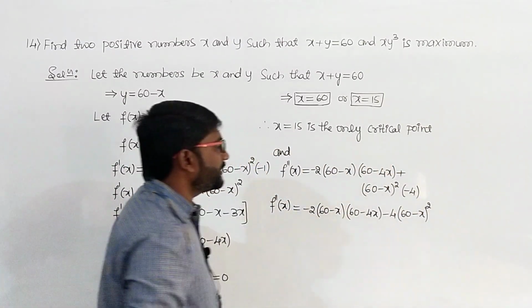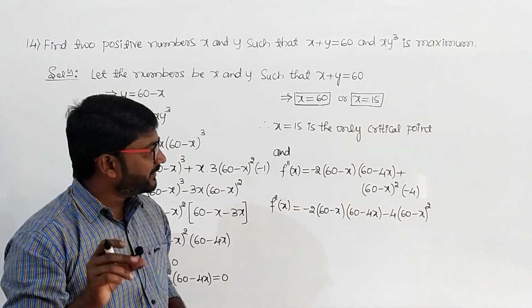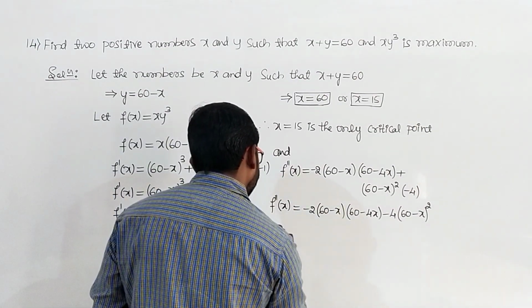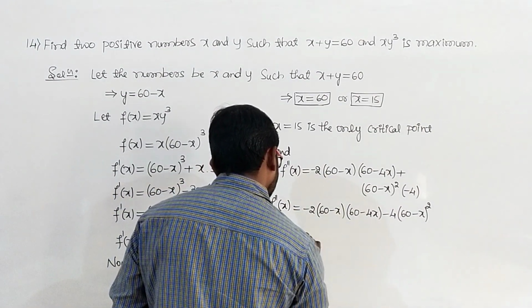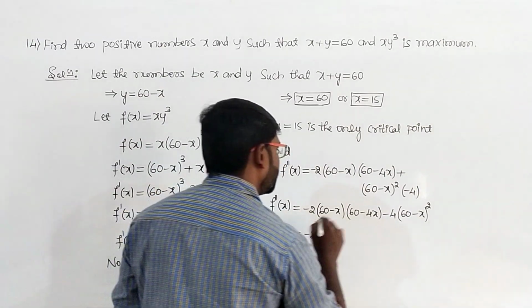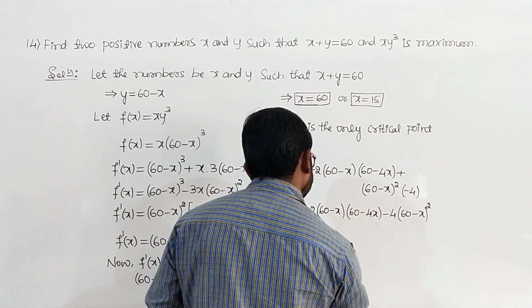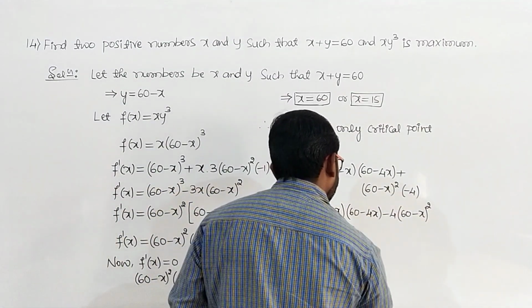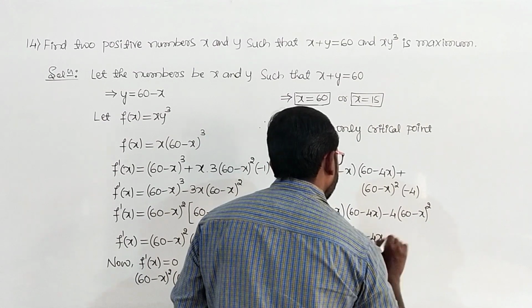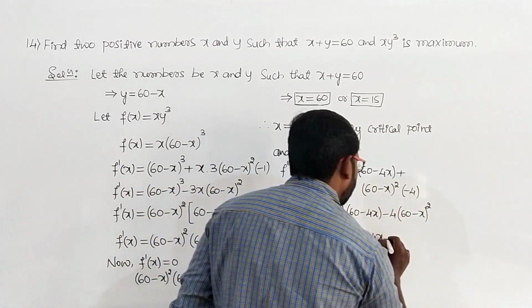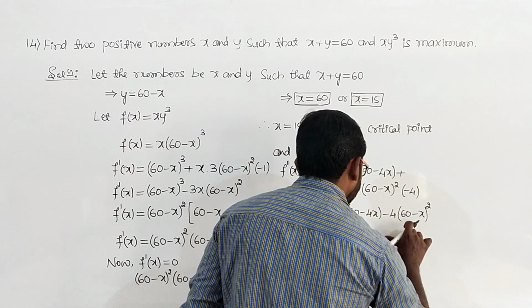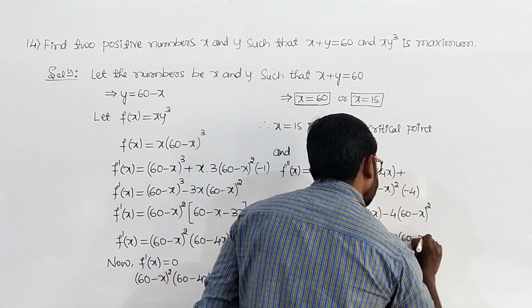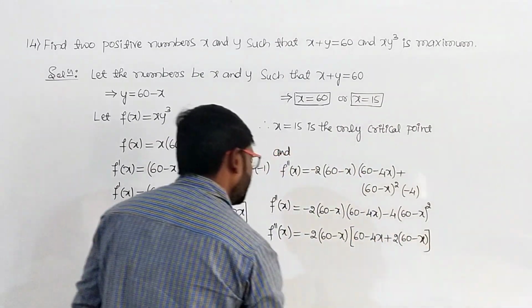Now in these two terms we can take minus 2 times 60 minus x as common. Here we are left with 60 minus 4x. Taking minus 2 out means here we will have plus 2 times 60 minus x. And then simplify this.